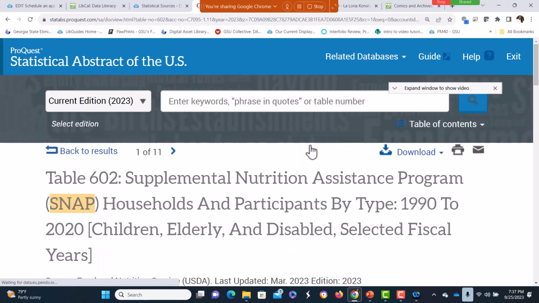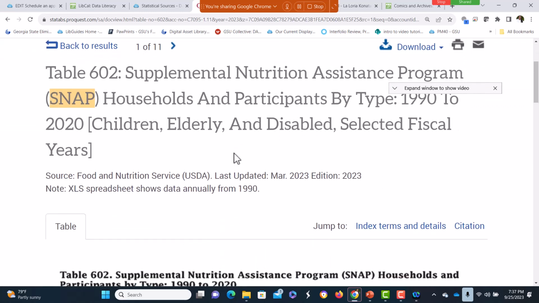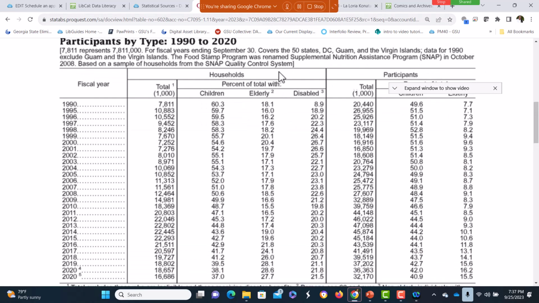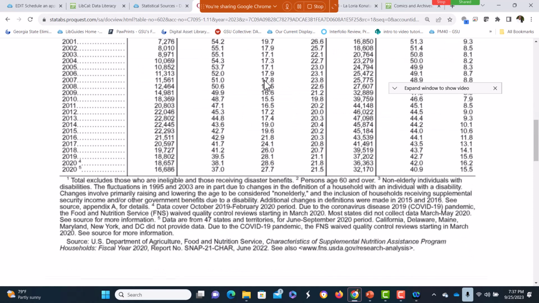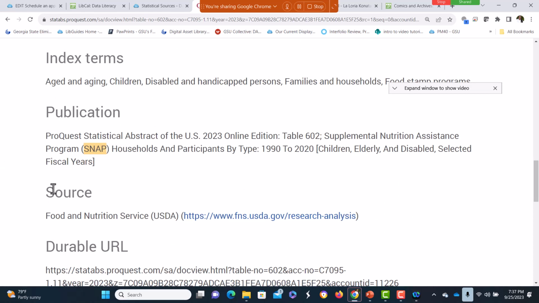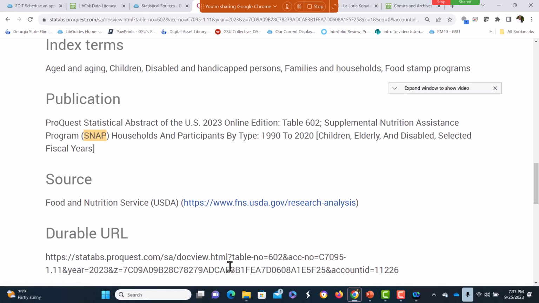Now, the other reason why, yeah, we found the information on that governmental website, but here I'll show you why I like to use this. This is divided on something else, but let's just pretend this is the table we're going to use. It tells you where it got the information from, so you can go right back to that website we were on.